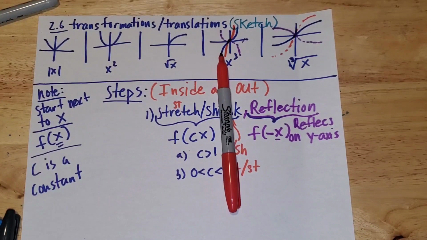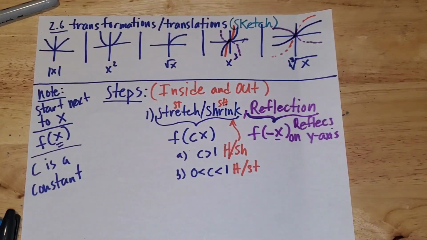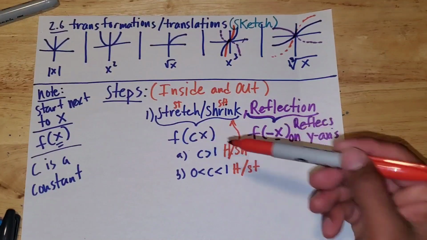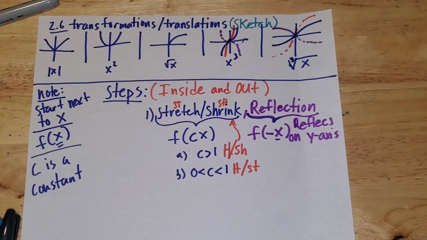So that's what I mean by what would happen if you multiply by a number bigger than 1. It's actually going to do a horizontal shrink instead of a stretch. And if you want to know precisely what it is doing to each single coordinate, since this is opposite, C in this case, if it's bigger than 1, it's multiplying to x.